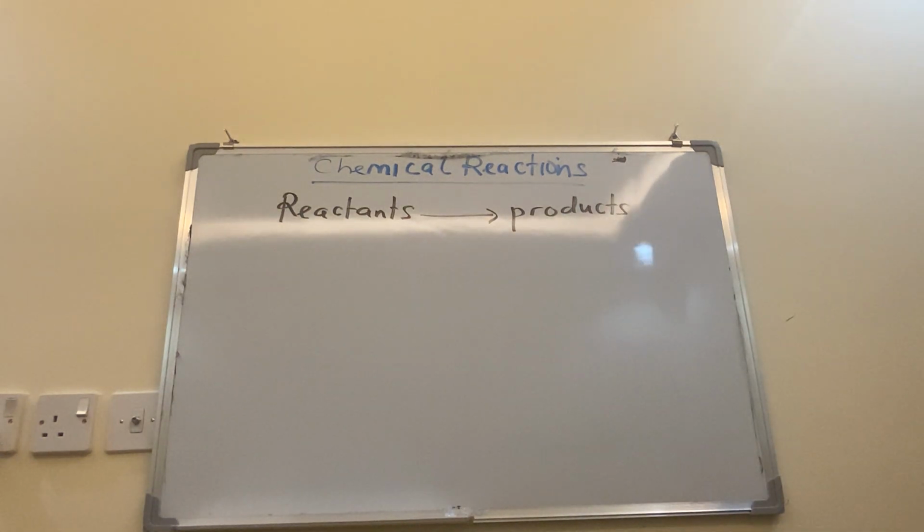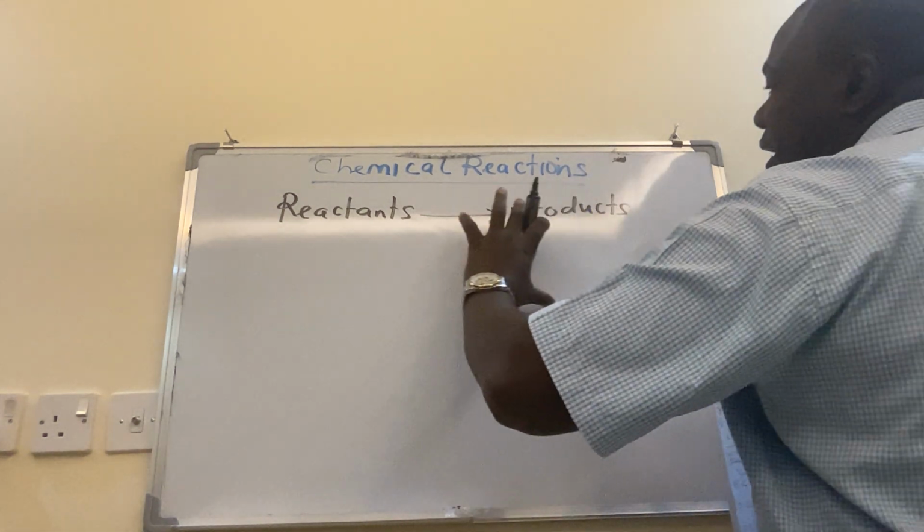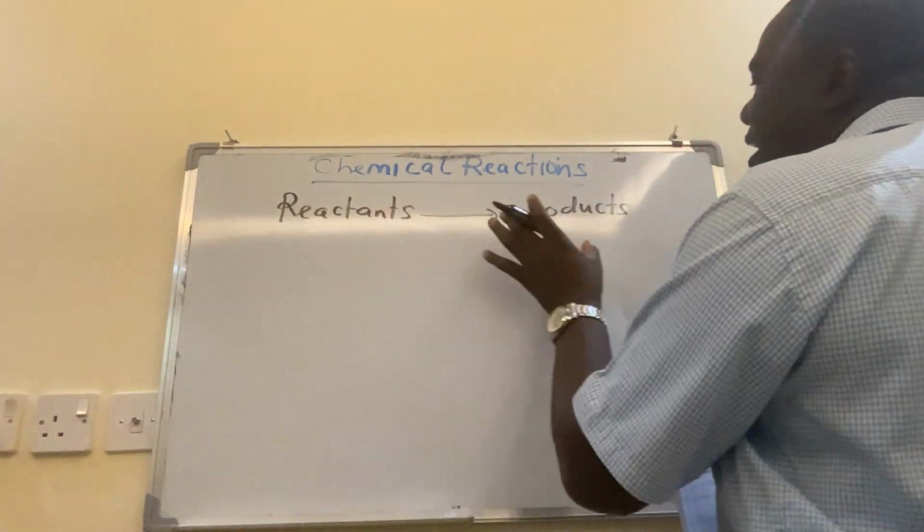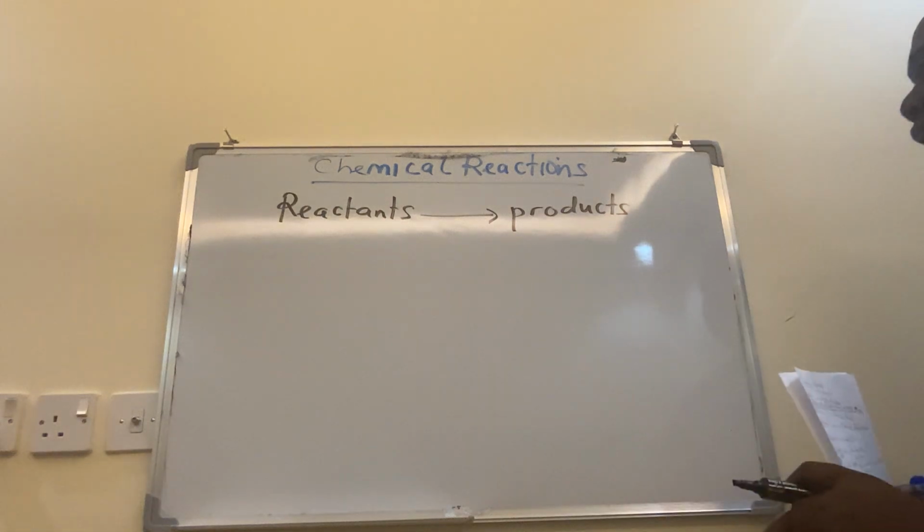So a chemical reaction is a statement that uses chemical symbols to show the identities and the relative amount of substances involved in a chemical reaction. Basically, in any chemical reaction, we have reactants on this side and products on that side.